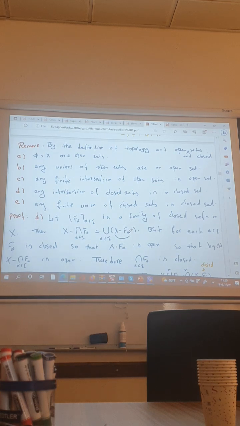Since F alpha is closed, the complement of F alpha must be open, so all of these complements are open. And we know that any union of open sets is open. So this union must be open. So the complement of this intersection is open.